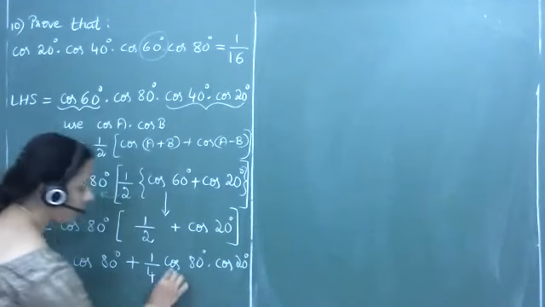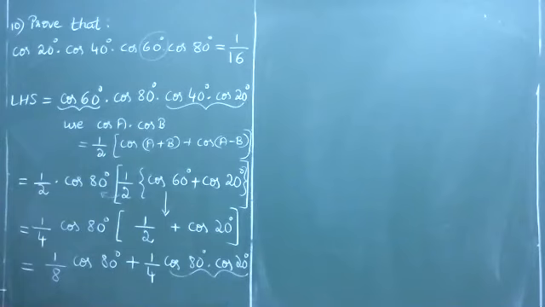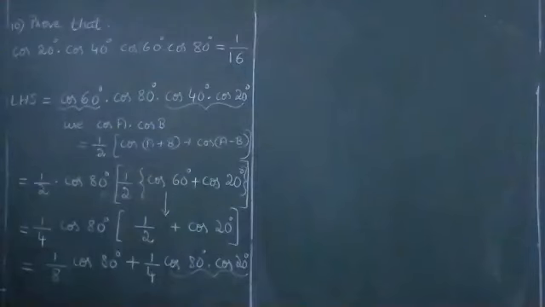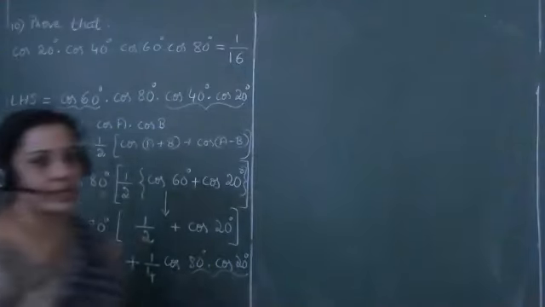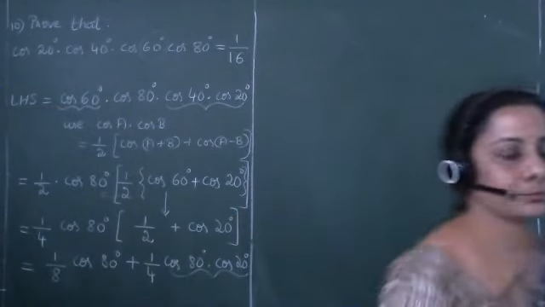Now here cos 80 degrees into cos 20 degrees, that is the second term, has to be reduced using the cos A cos B formula.